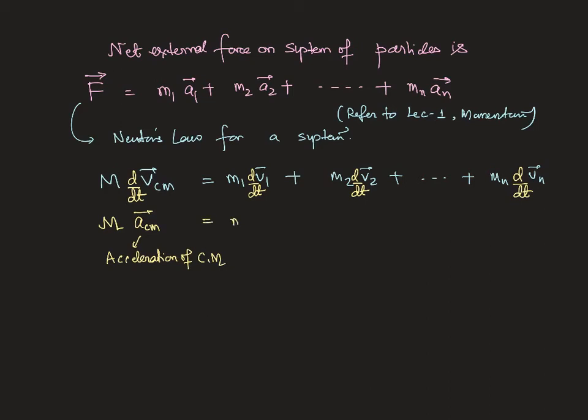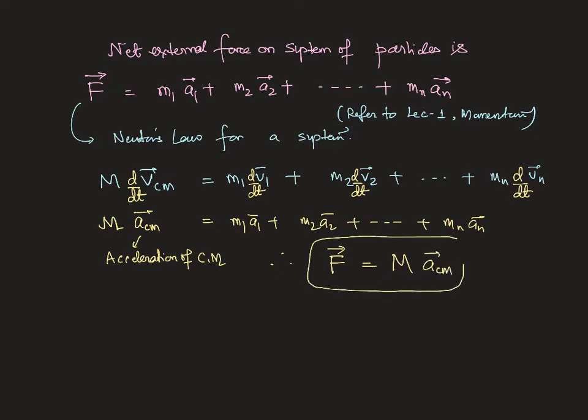That is equal to m1 a1 plus m2 a2 up to mn an. Therefore we can conclude that F equals M A_cm. So here also, to apply Newton's law, the center of mass represents the whole system.